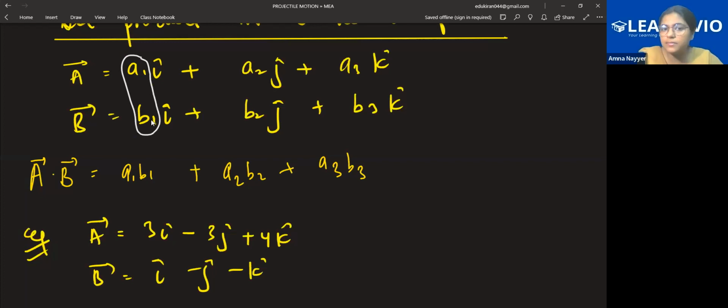So this becomes A1 into B1. And what is i cap dot i cap? That's 1. So we won't write it. Then again, A2 multiplied by B2. And j cap dot j cap is 1 only. Similarly, here also A3 multiplied by B3. So this is what we have.